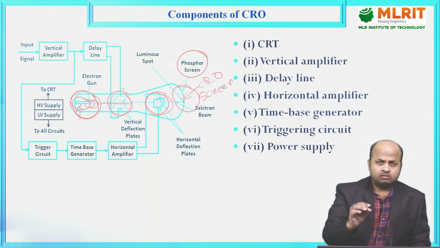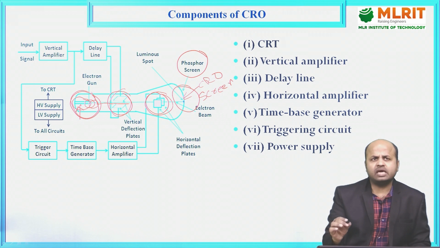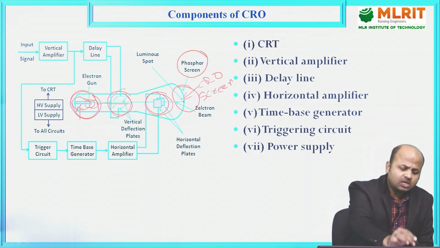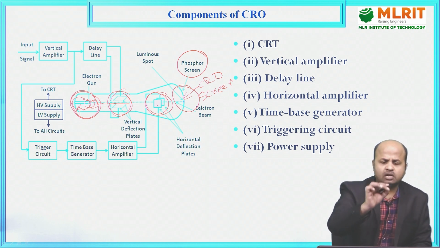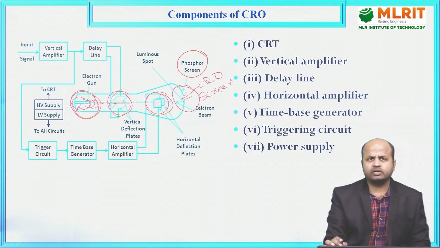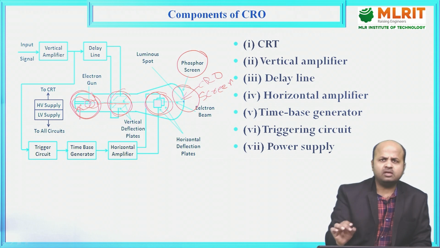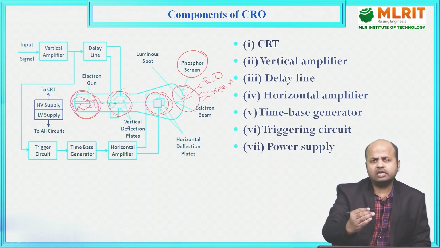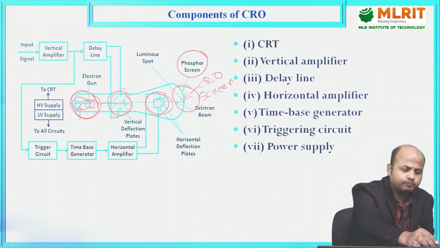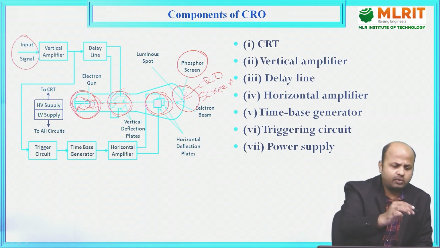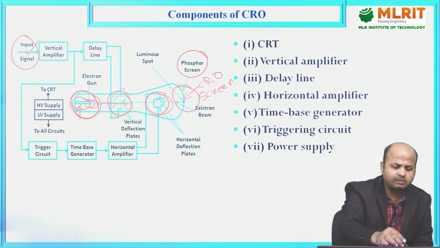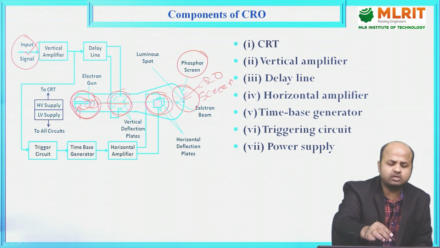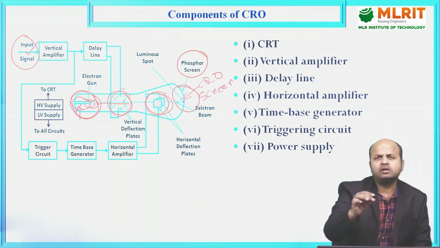So normally we can say that a CRO consists of electron gun, vertical plate, horizontal plate, and a screen. So in this way we can understand how an electron beam plots our input signal. Our input signal is being drawn on the CRO screen by the help of electron beam deflection.